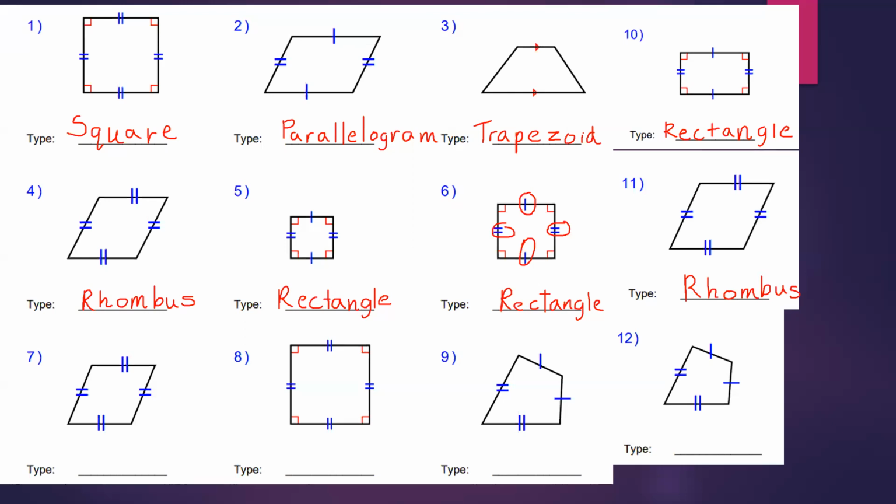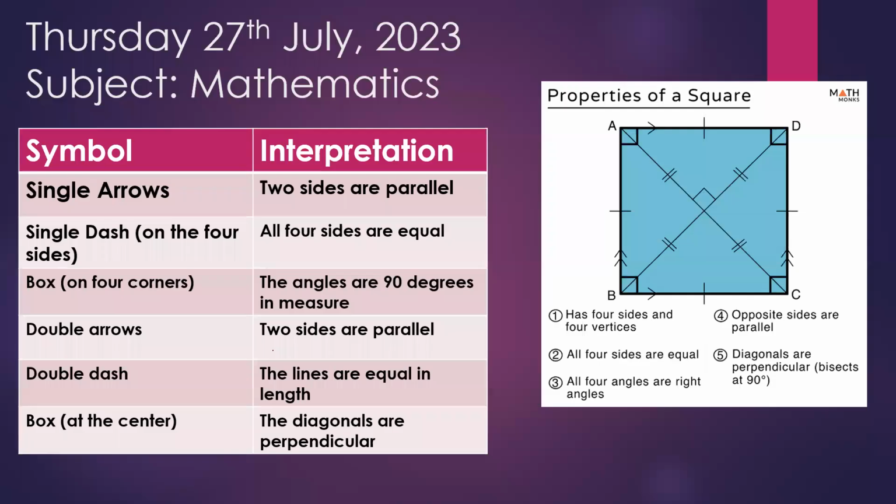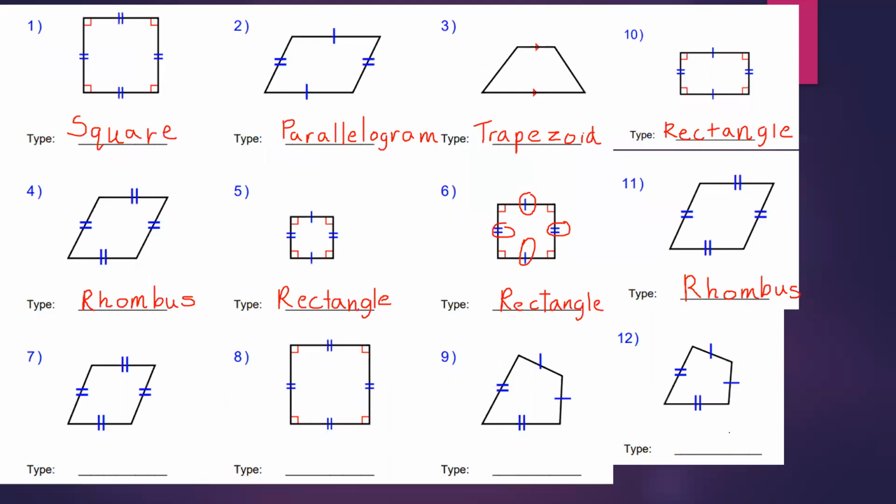Next up we have Kai. What do you have for number 7? Yes, sir. A rhombus. Rhombus, that's correct.